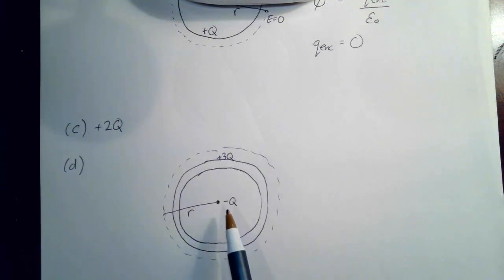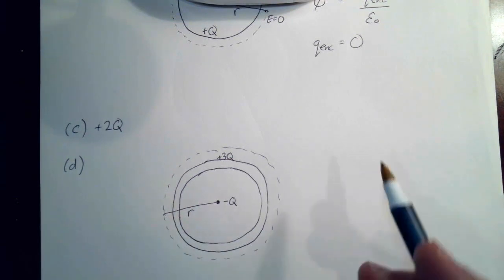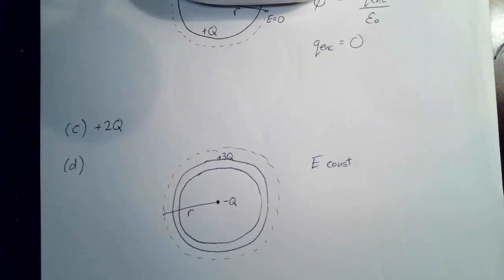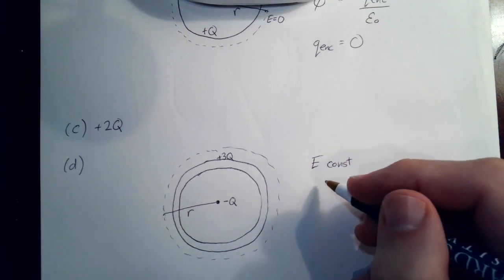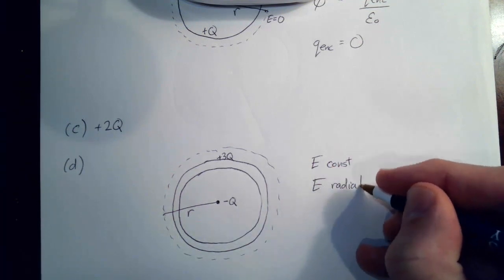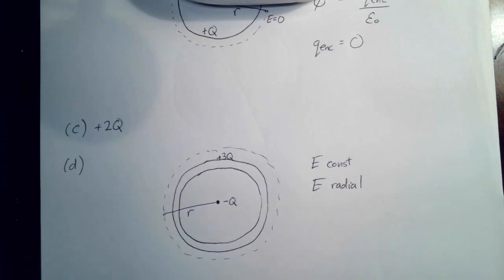This is very similar to part A. I can make the same symmetry arguments that E is constant everywhere on the surface, and that it points radially. I don't know yet whether it points away or towards; we can figure that out in a minute. But E is constant and E is radial, meaning it points along a radial line, either away or towards the center.